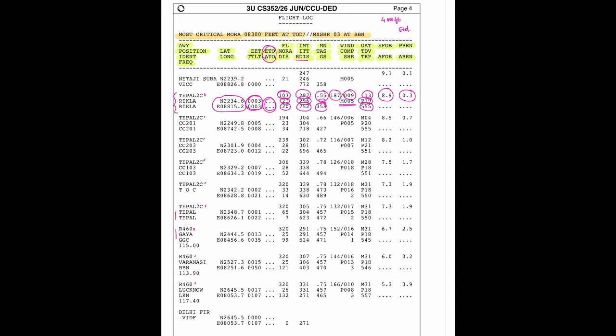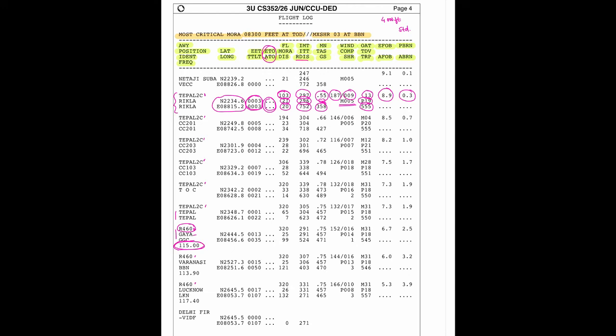So let's jump to Gaya. Sorry, not REKLA, Gaya. At Gaya we are cruising through R460, which is Romeo 460 airway. Gaya is the position's name. GGC is the identifier of that position. The frequency of Gaya is 115.00 decibel 00, I'm sorry.